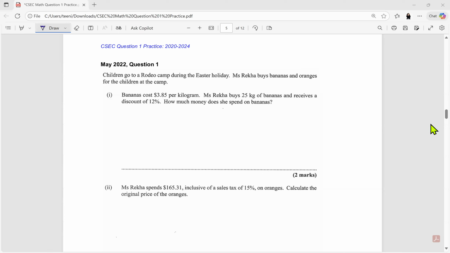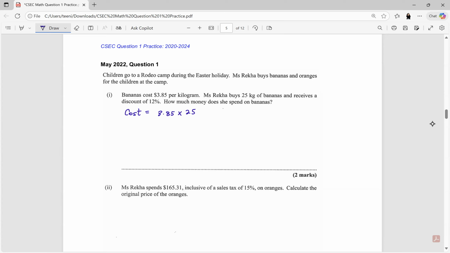Yes. Tell us, Nia. So for the first one, the first thing you need to do is find out the total amount of money, and that is $96.25. How did you get that? By multiplying $3.85 by 25 kg.